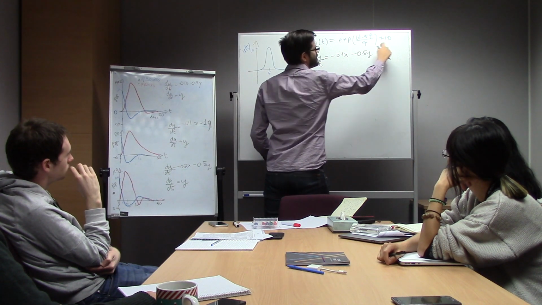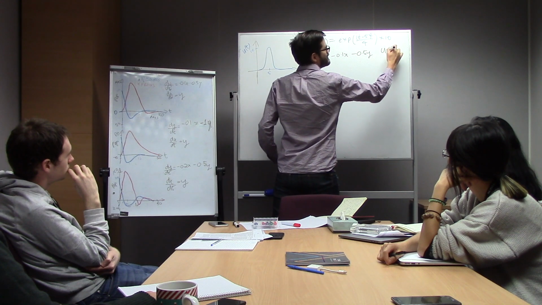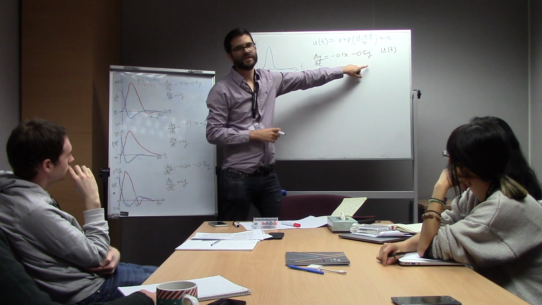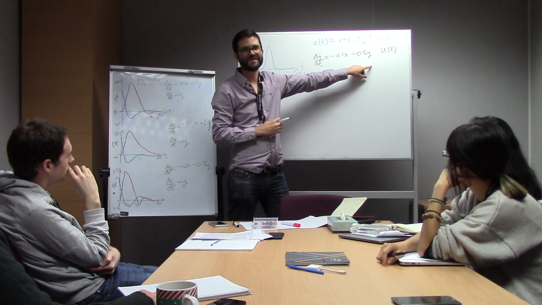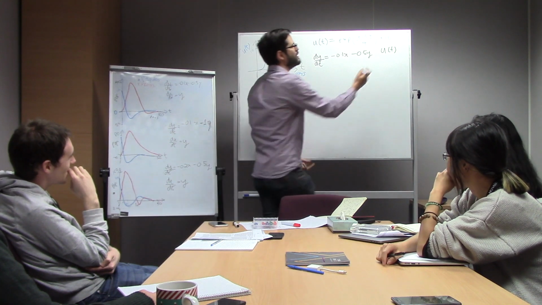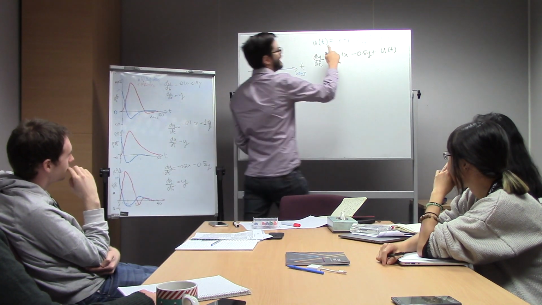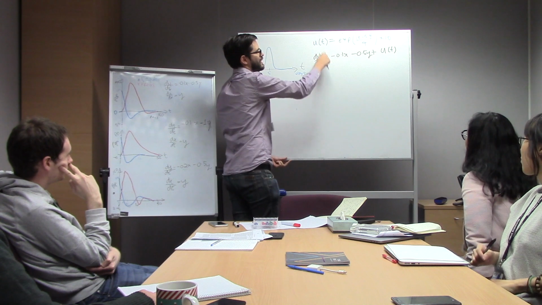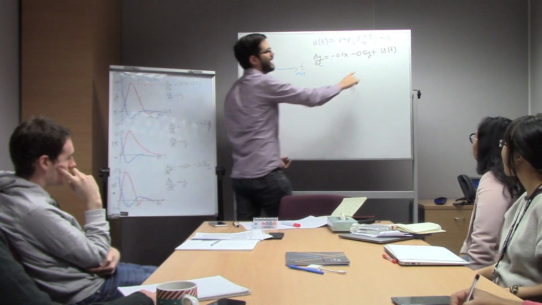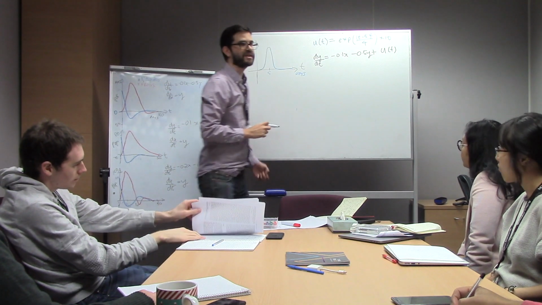Should that be plus or minus, do you think? Minus? Who says minus? One person says plus. Okay, so the answer is plus. The reason is that we're adding this. For the rate of change of mosquitoes, if you want to have more mosquitoes at a certain point, you add a plus. This is why we have the plus.